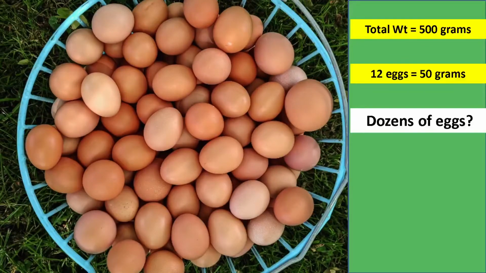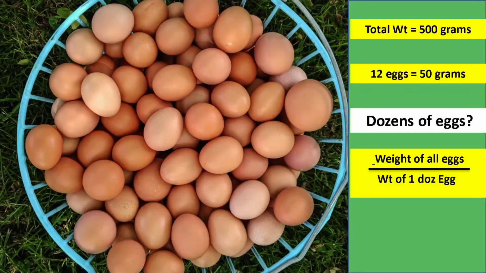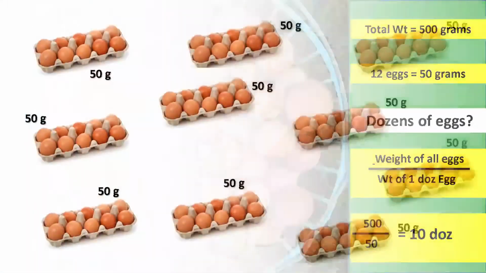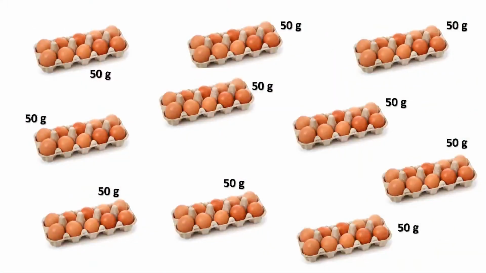Don't you think so? It's simple mathematics. We take the weight of all eggs and then divide it with the weight of 1 dozen of eggs. Total weight of the eggs is 500 grams, which is divided by the weight of 1 dozen of eggs, which is 50 grams. That equals 10 dozens. So 500 grams of these eggs will make 10 dozens of eggs, right?